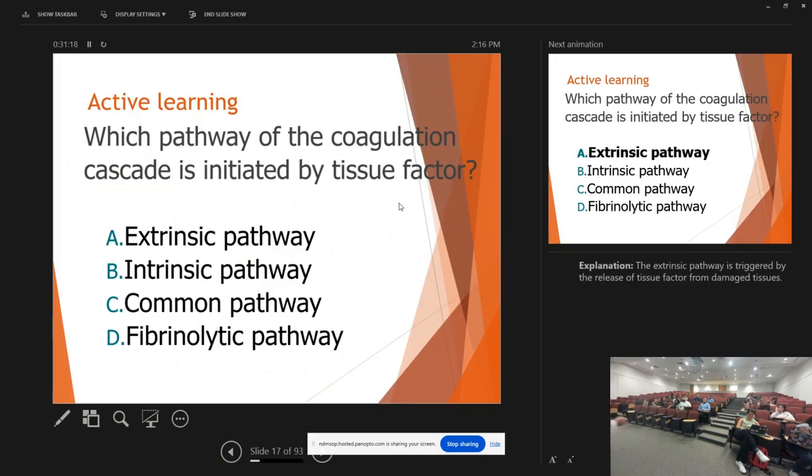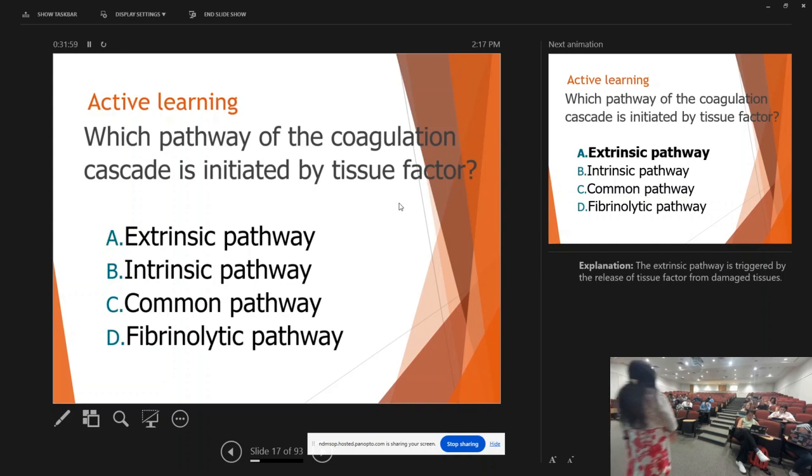So now open the review questions. Let me see what time it is, 2:16. How will we do this? You have access to these questions. I'm not going to lecture. You will review these questions in your group. It's divided into before the break, like in your PowerPoint, if you open it, it says before the break.